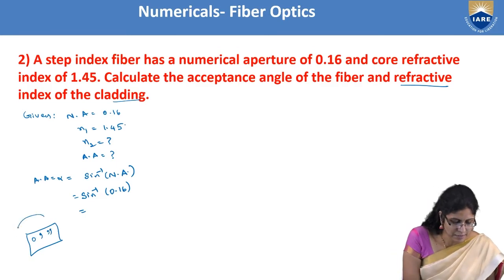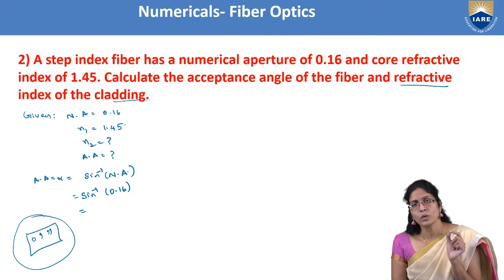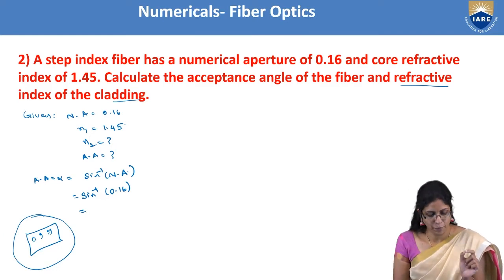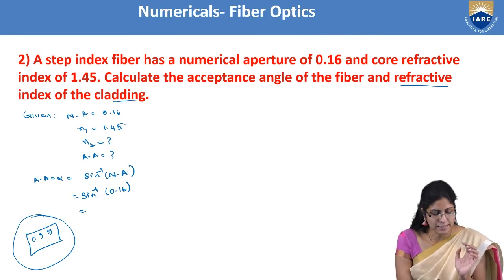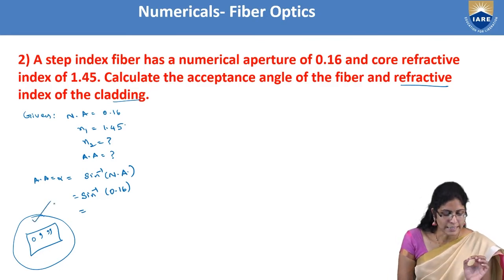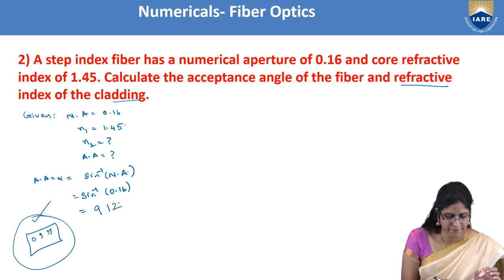You find this button. Once you get the answer of sine inverse of 0.16, let that answer be on the display and press this button. You will get the answer as 9 degrees 12 minutes.